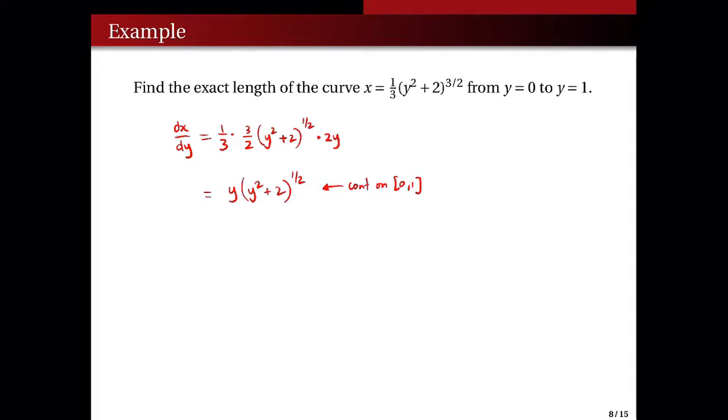This means that x equals 1/3 (y squared plus 2) raised to 3 halves is smooth on 0 to 1. Take note the interval here is the interval for y. Y equals 0 to y equals 1.